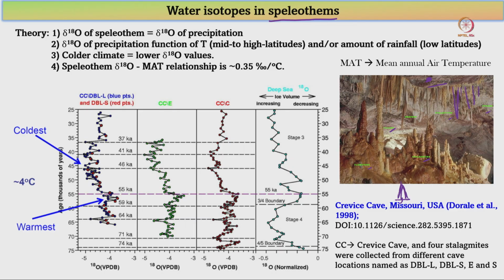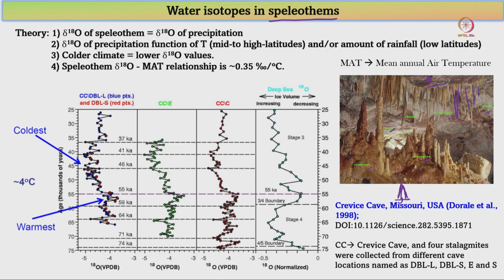The third thing is that if we can date the speleothem, and then do the delta 18O compositional analysis based on the particular ages, we will see some variations, and that most likely reflects how the temperature of the rainfall has varied with time.